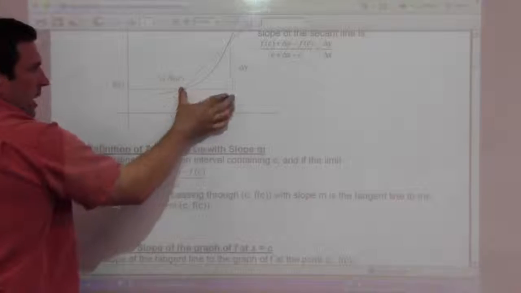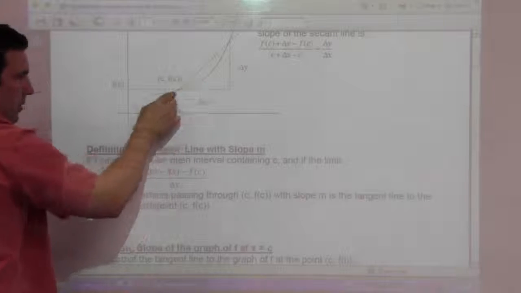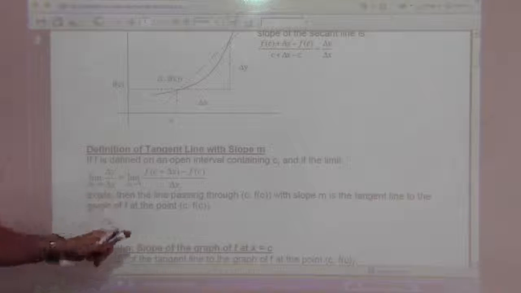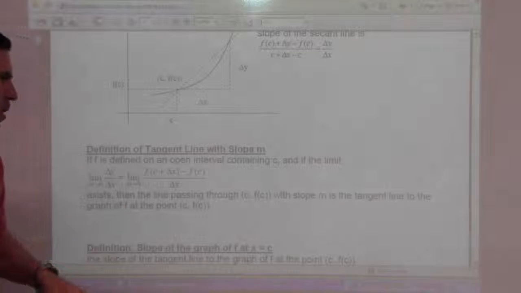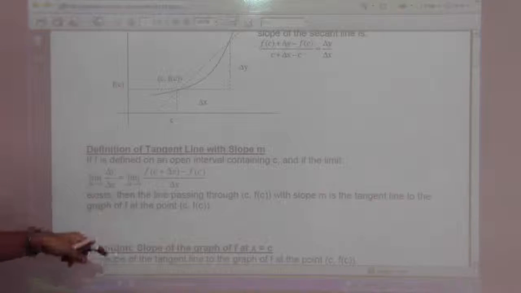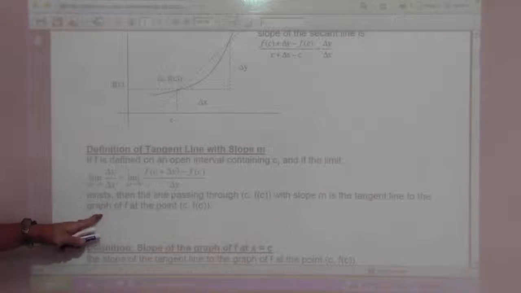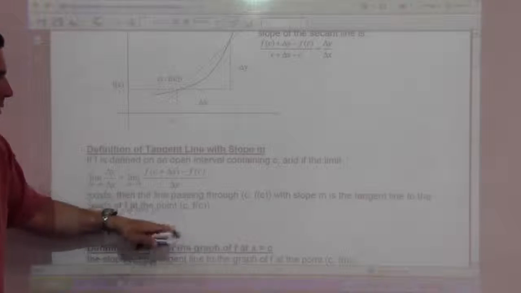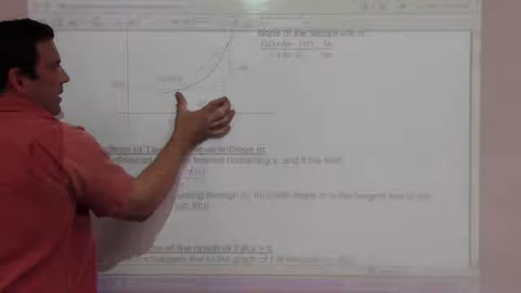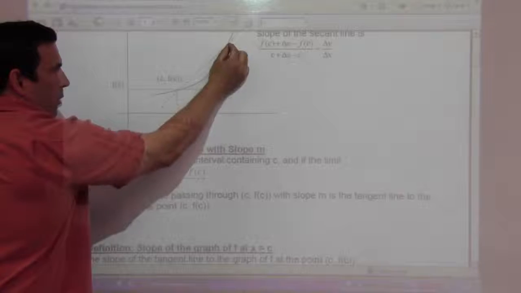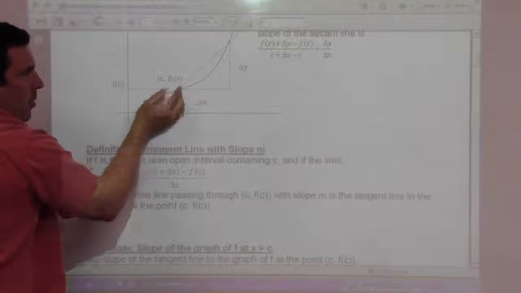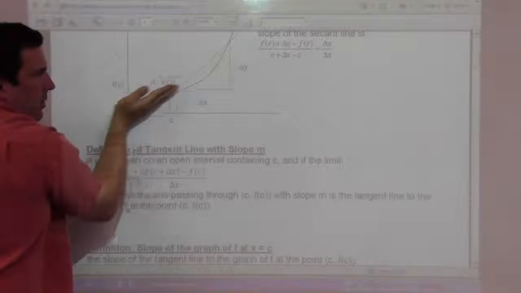But we're talking about as delta x becomes 0, so this point will start coming down to this location. If the limit exists, the line passing through c, f of c with slope m is the tangent line to the graph of f at the point c, f of c. So the point is as delta x becomes smaller, this point will come down to here and become there, and we have this tangent line going on.